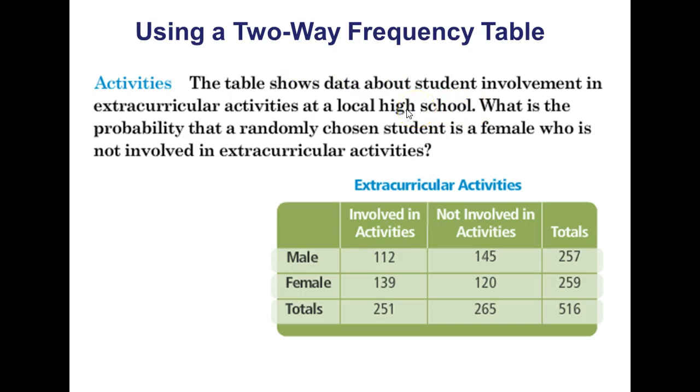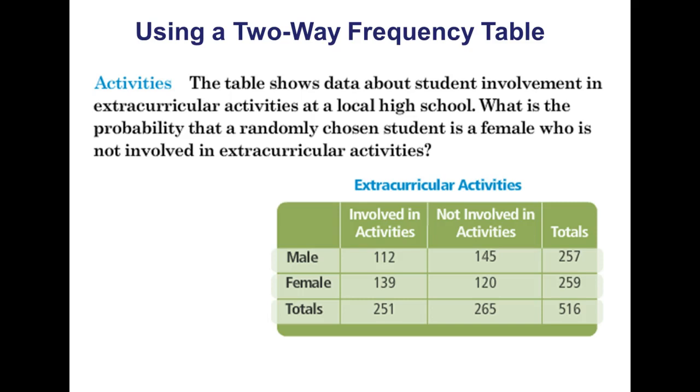And we want to know what is the probability that a randomly chosen student is a female who is not involved in extracurricular activities. So the female row is this middle row here, and the not involved is the second column.